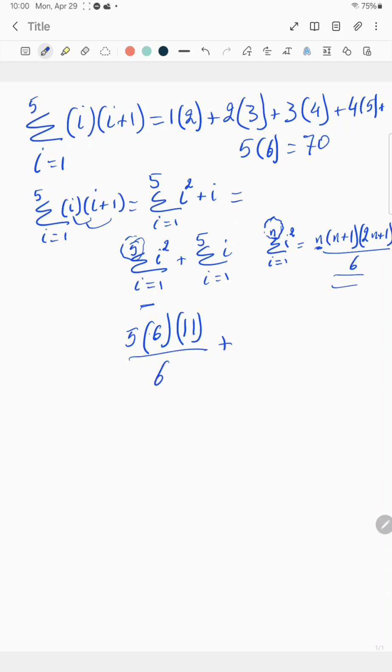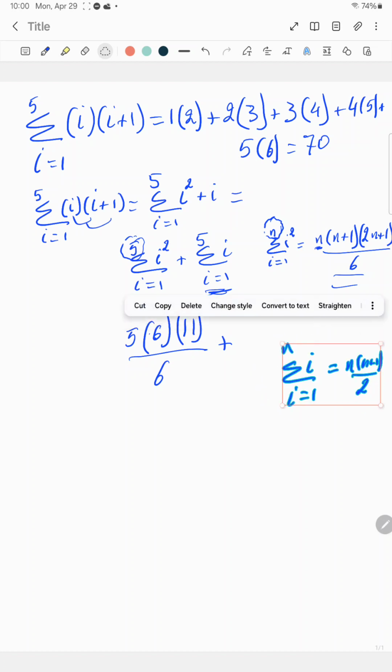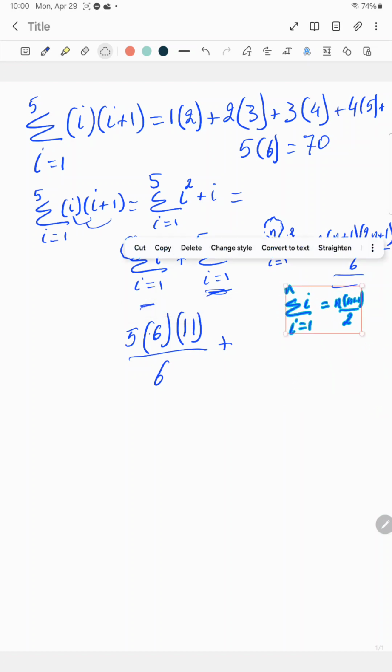Plus, and now I will take the formula for the sum of i equals 1 to n of i, which is equal to n times (n plus 1), divided by 2. So I will take that formula, shrink it, put it here, and apply it.